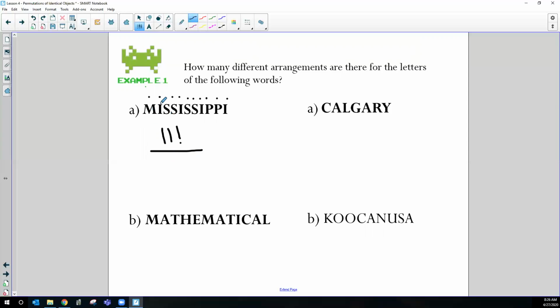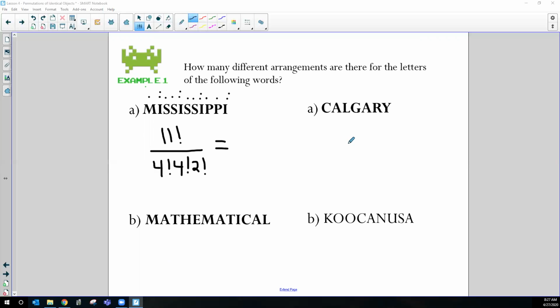We have 4 I's, you must account for those. We then have 4 S's, so you must account for those. And you have 2 P's, so you must account for those. Then, if you take out your calculator, it will be a long number.